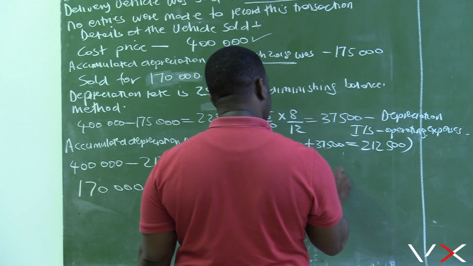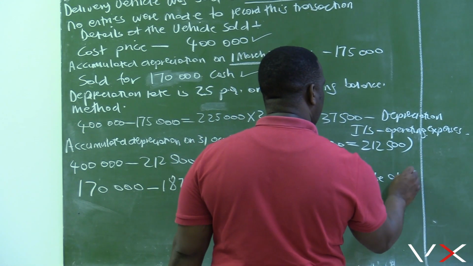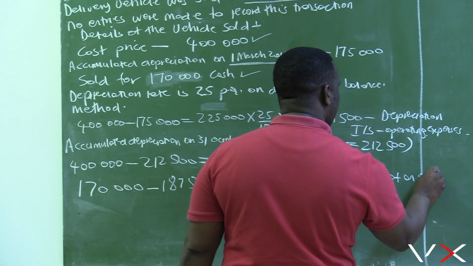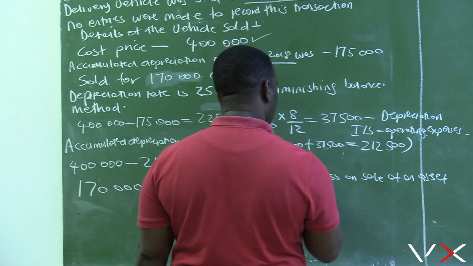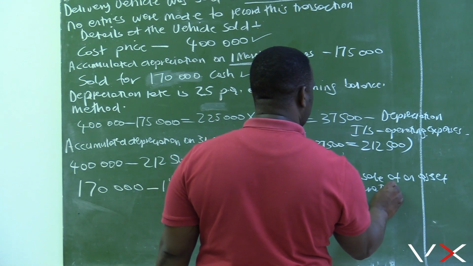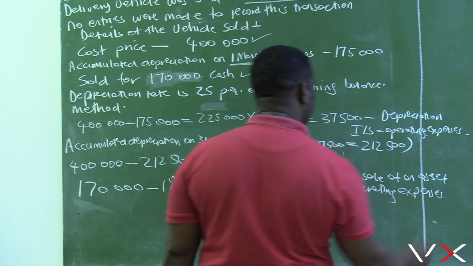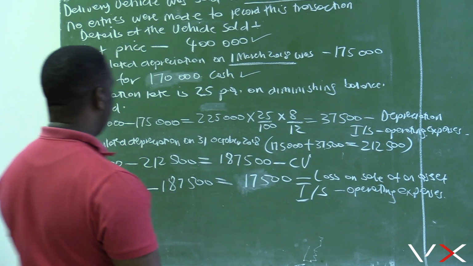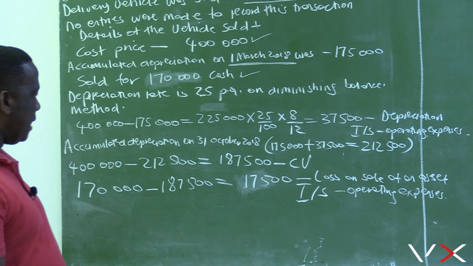There is a loss on sale of an asset, which will be recorded in the income statement under operating expenses.